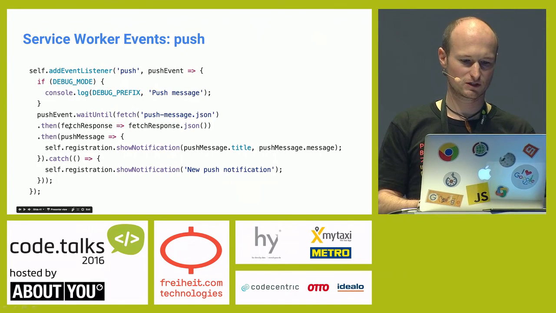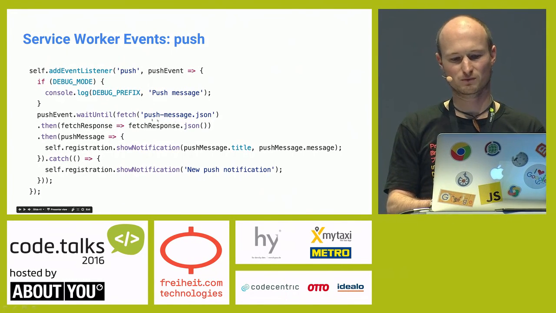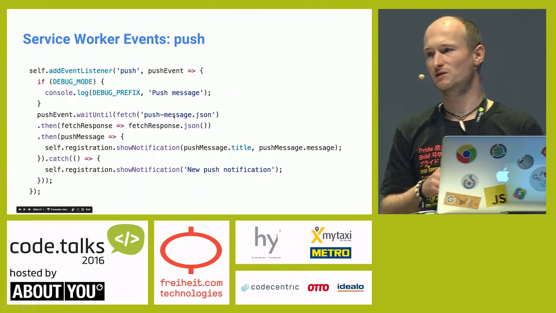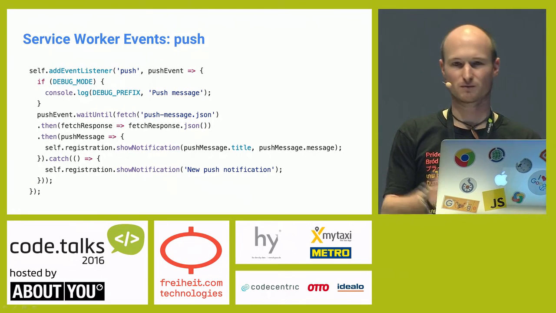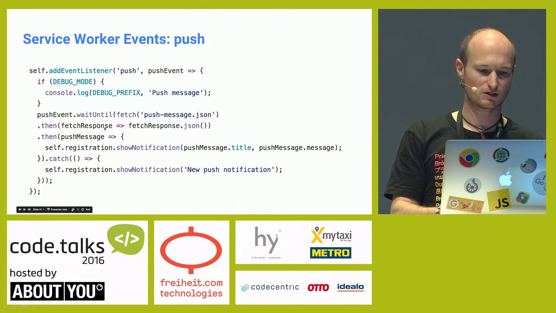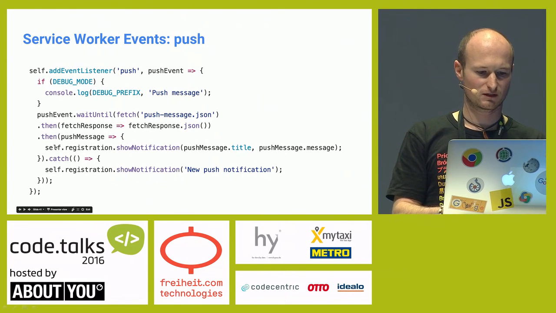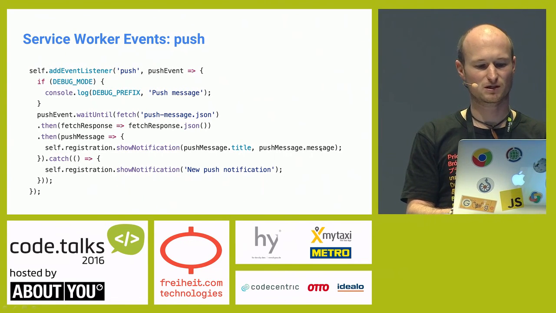So what I do here is I just fetch from some simulated API a push message, push-message.json, and pull the actual data down. And once I have the data, well, I parse the JSON, and then you have this self.registration.showNotification that would show the push message's title plus the actual message.